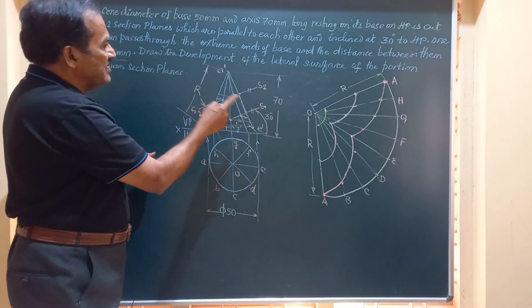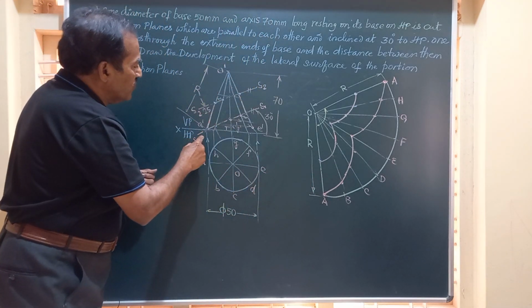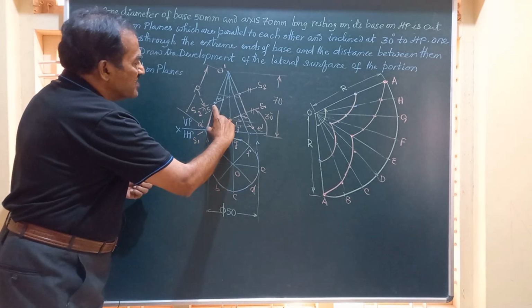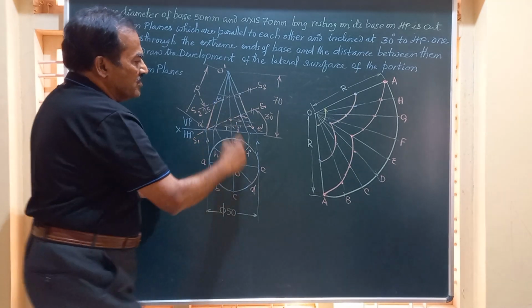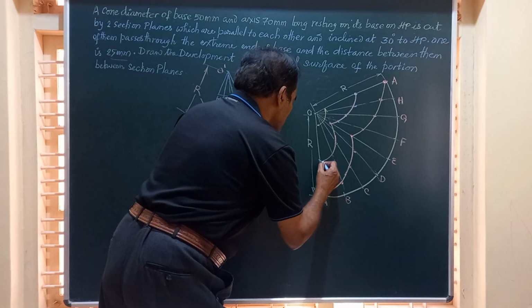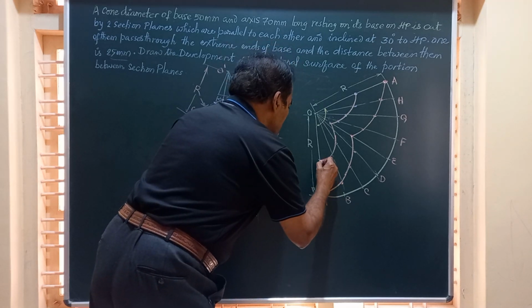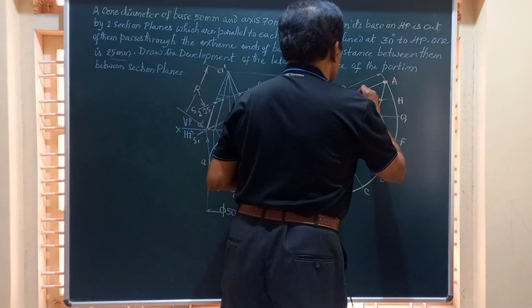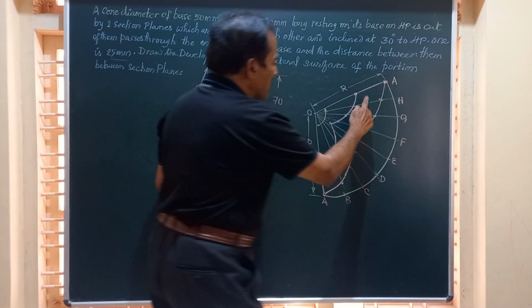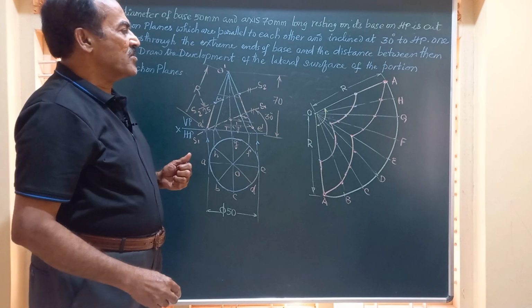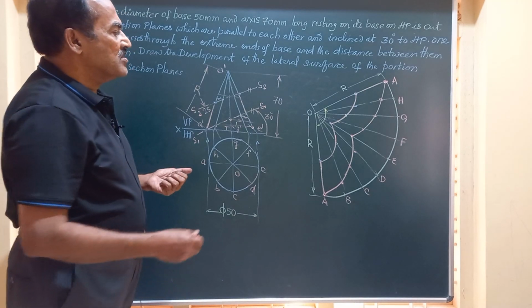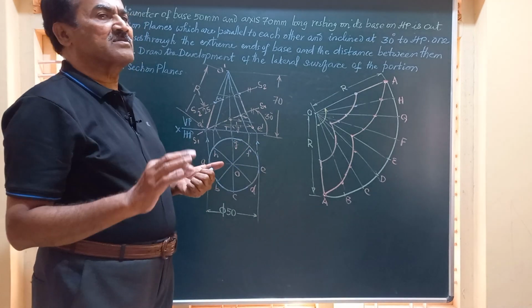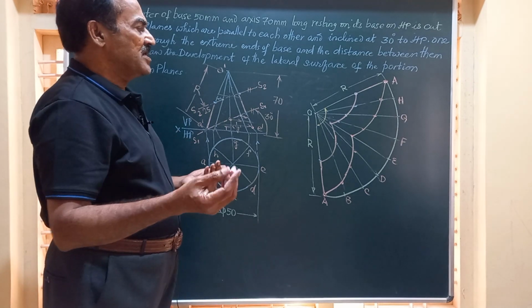And you can see the generator O dash A dash. You have this much of portion left over. So that has to be joined by a dark line or a visible line. Similarly, this side, it has to be joined by this. And all other lines, whatever you have, should be shown by very thin lines, making use of pencils like H or 2H pencils.